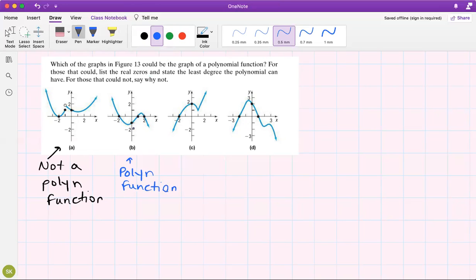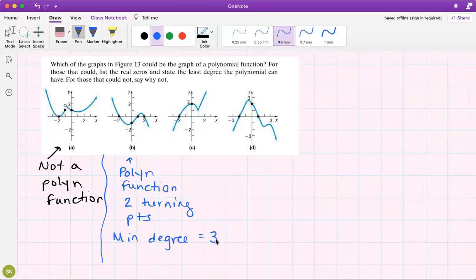Notice that we have two turning points. Okay, so since we have two turning points, the minimum degree is going to be 3.